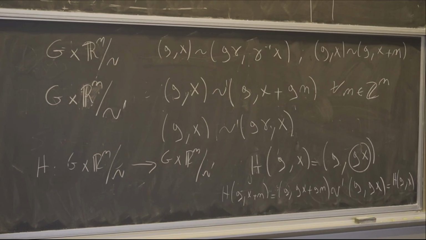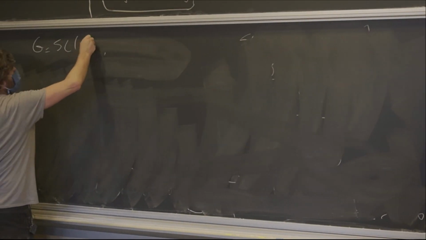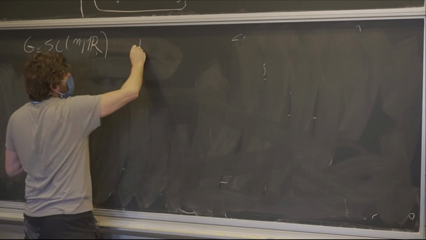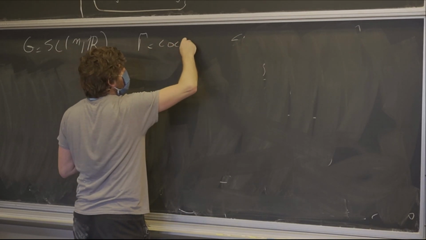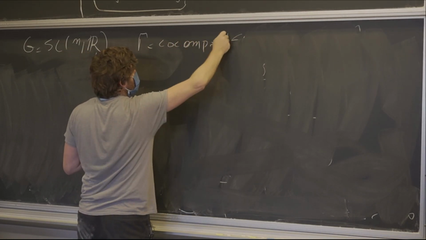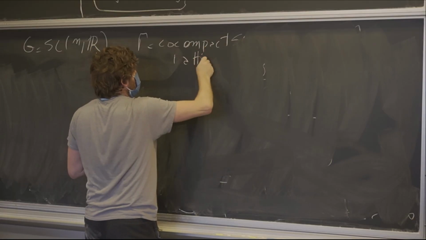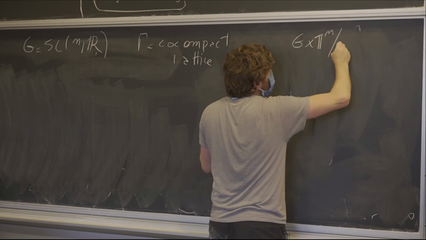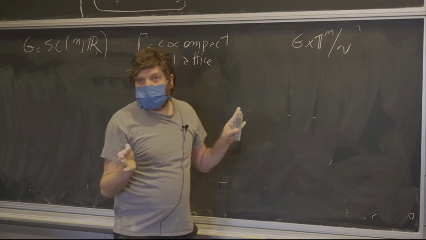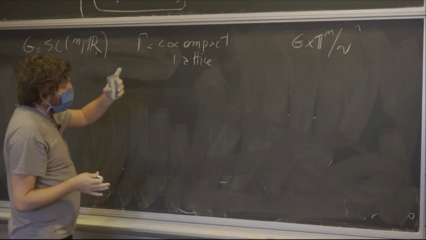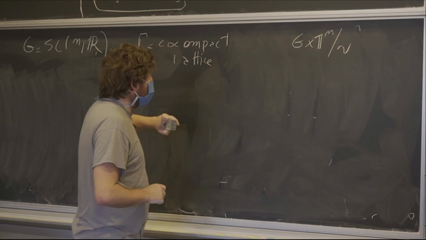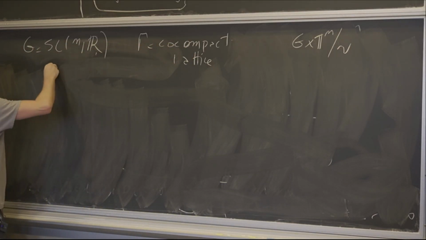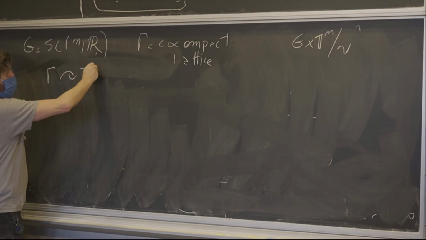Okay, let's say we still take G equals SL_n(R), but now we take gamma a co-compact lattice. So then this G times T^n modulo the relation will be a compact space. And so life is nice, but before I do this, I need to say how gamma is acting on T^n.